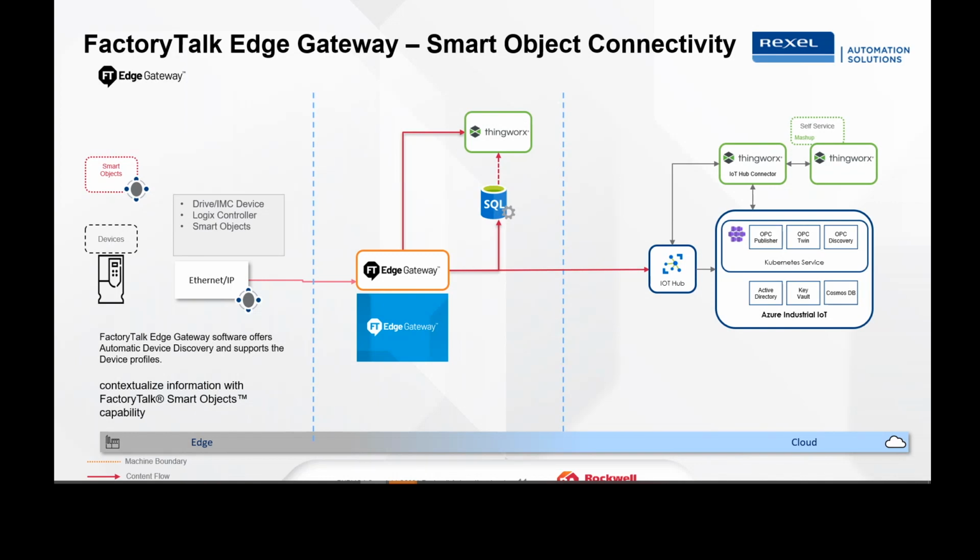Then you can also push this data to the cloud if you want to with FactoryTalk Edge Gateway. It's shown on the right there. We have an IoT hub, connected into some ThingWorx, and log data into the cloud. So Edge Gateway is a fairly new product.